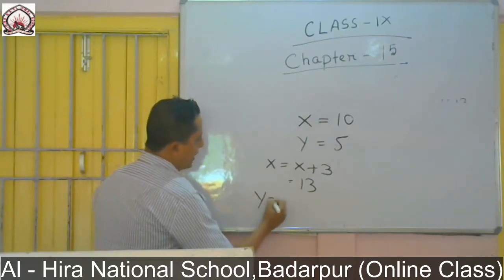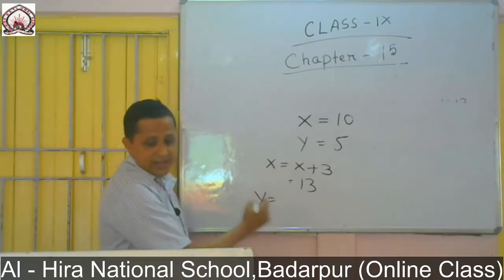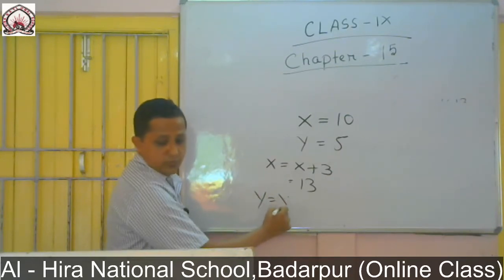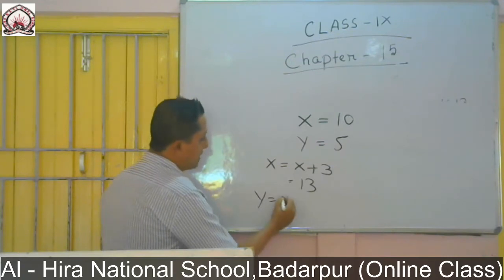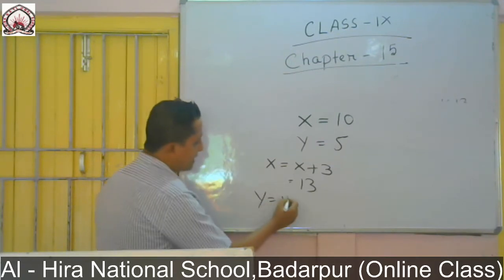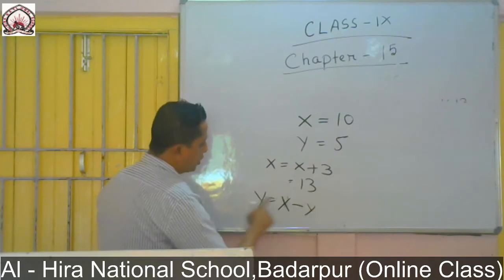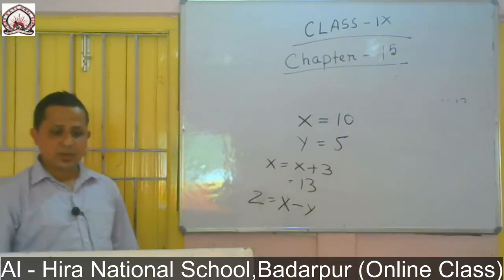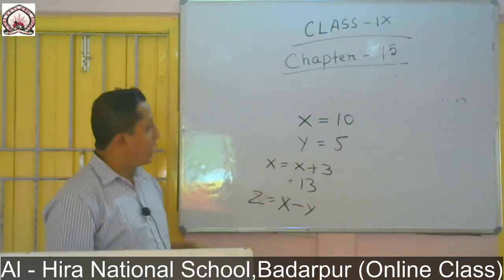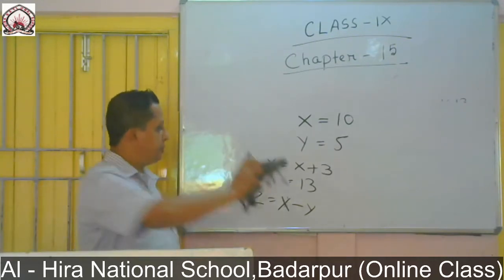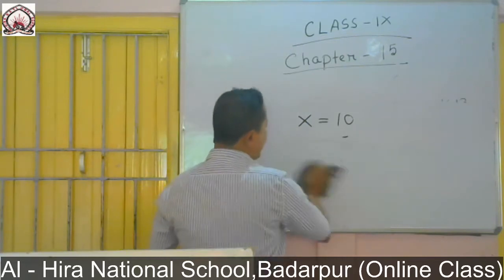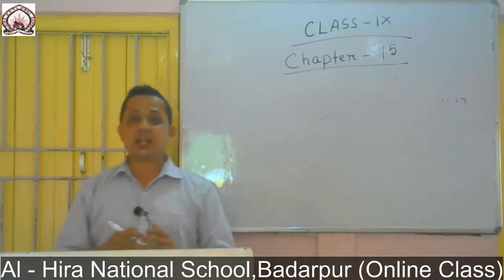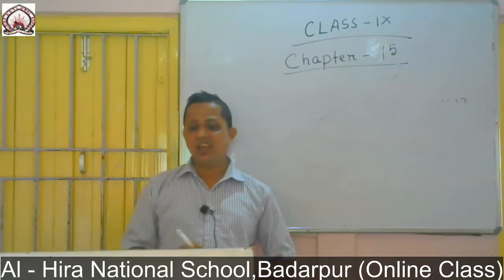So I will write z is equal to x minus y. So x, y, z all are variables, because each represents a portion of the computer memory for storing a value.